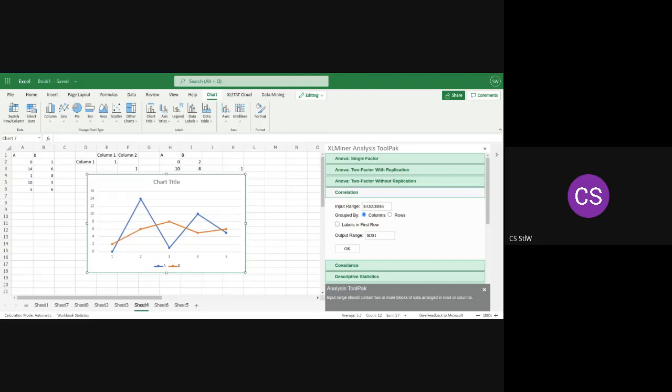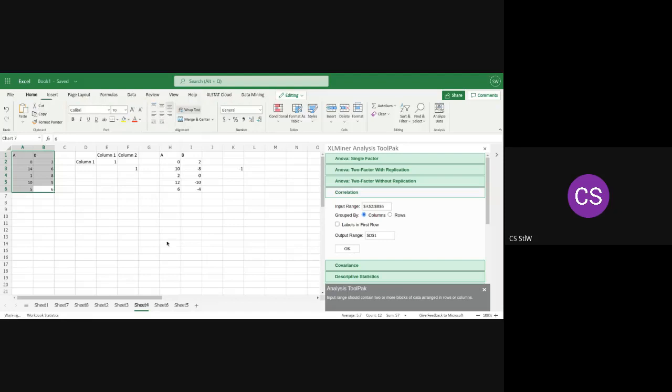Okay, so we can now show for negative correlation. With these values, you can just input from H2 up to I6, and then display it in J. You can just say J1.